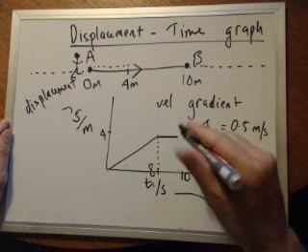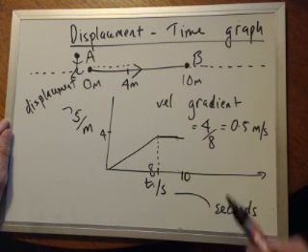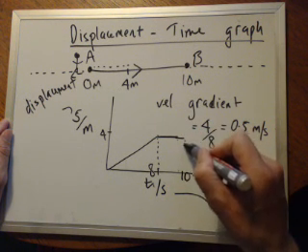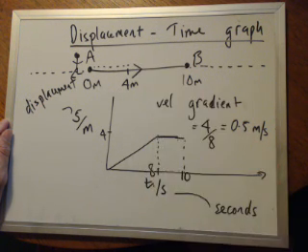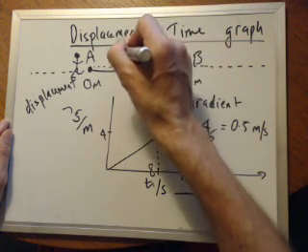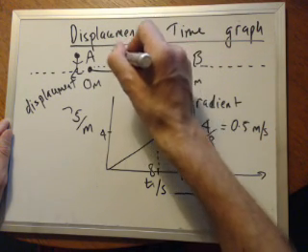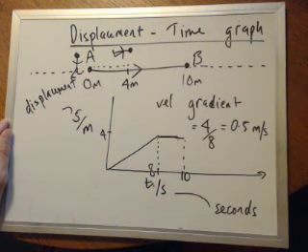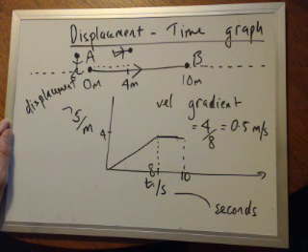After 10 seconds, there you go, he's still at a displacement of 4 meters. So he's had a rest. I shall draw him vertically, lying down, having a rest. He's quite a sloth-like runner. Very, very sensible.